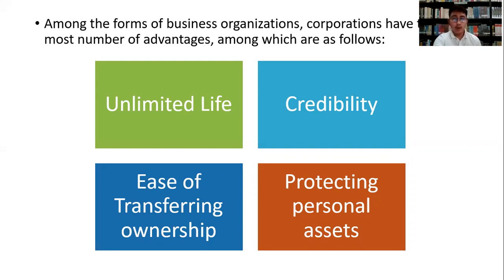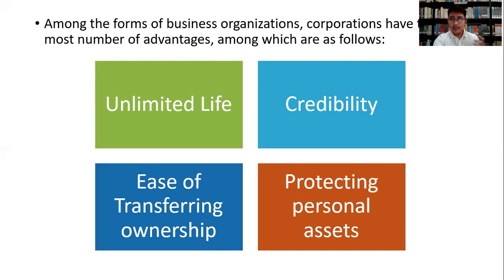Okay, so once you have a good credibility, there will be a lot of capitalists or shareholders na gusto maging part ng corporation mo. Okay, so next is the ease of transferring ownership. So a corporation can easily transfer ownership when the original owner decides to sell it by transferring the company stock certificate to another shareholder.